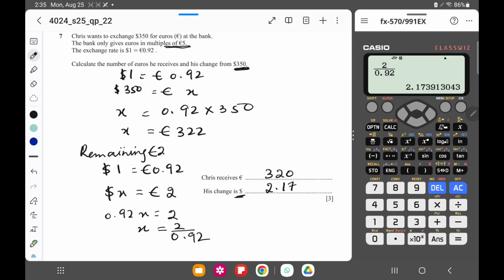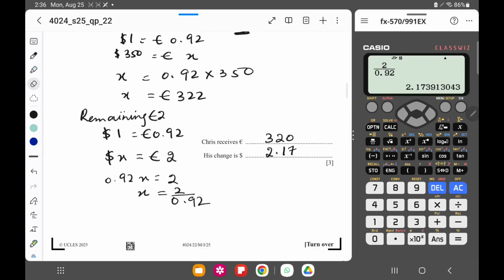But 322 is not possible, so 2 euros are left. In the last part, they ask how much is the change after giving $350, and the person will return it in dollars, as given in the question. So 2 euros is equal to 2 upon 0.92, which is $2.17, and the question is of 3 marks.